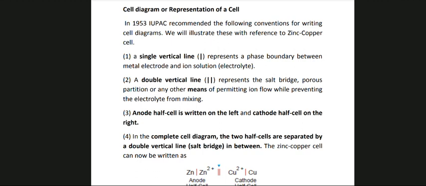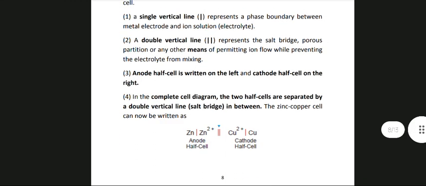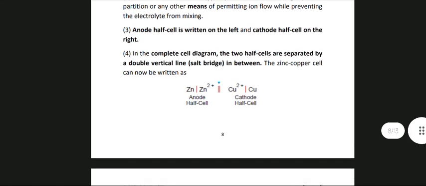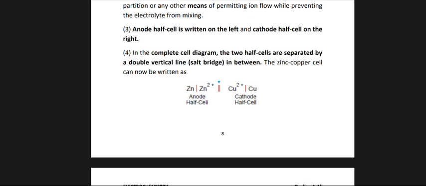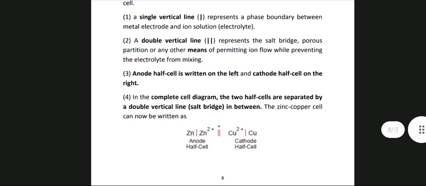The anode half cell is written on the left and the cathode half cell on the right. In the complete cell diagram, the two half cells are separated by a double vertical line, salt bridge in between. The zinc copper cell can now be written as Zn | Zn2+ || Cu2+ | Cu.